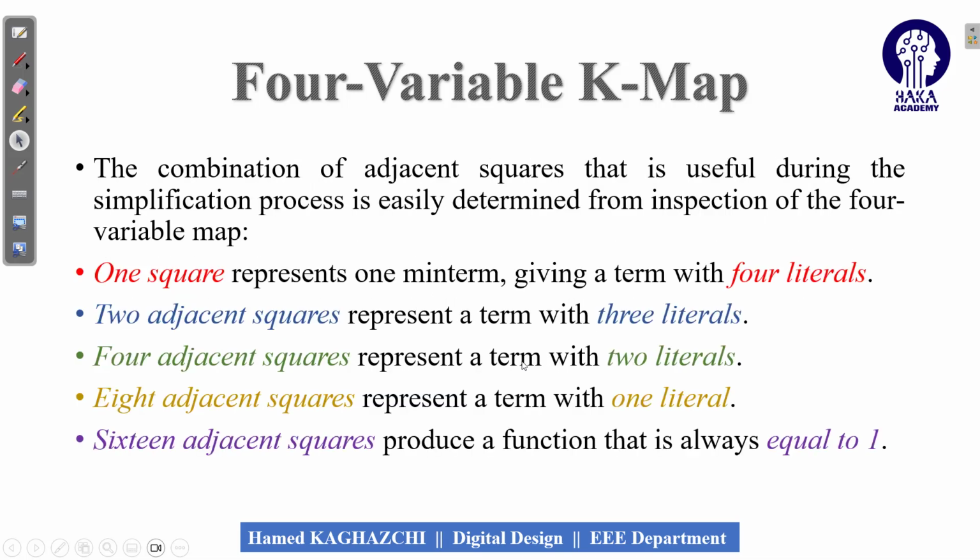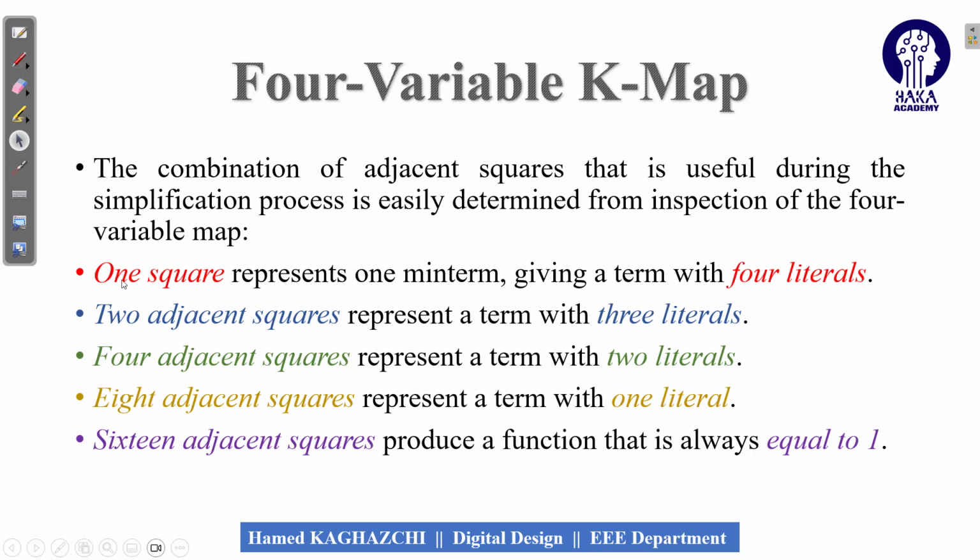Here the maximum possible group is 16, then the maximum possible group is 8, then 4, 2, 1. First of all, we have to consider the maximum possible adjacent squares. If we cannot find 16, we have to find 8. If we cannot find 8, 4, then 2, then 1.